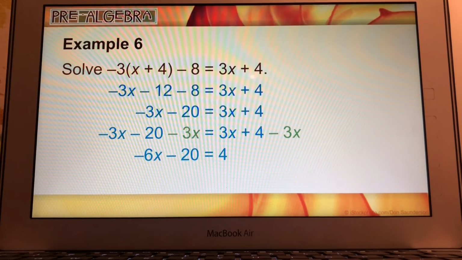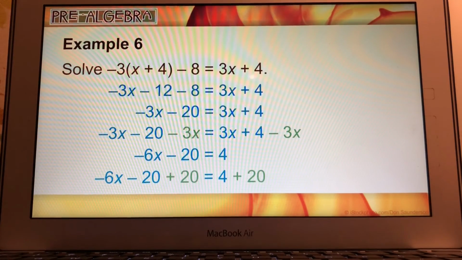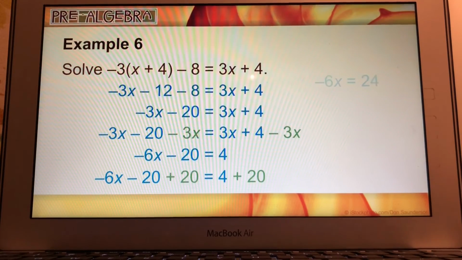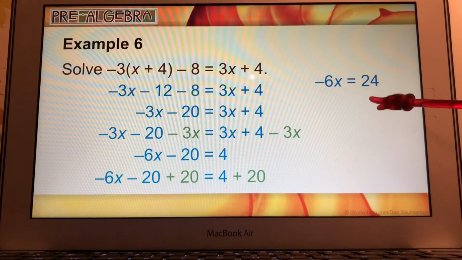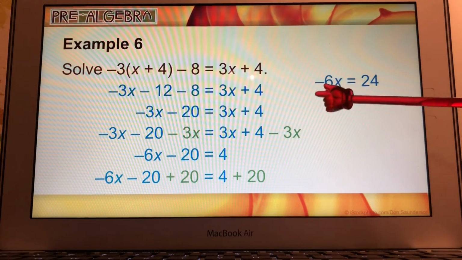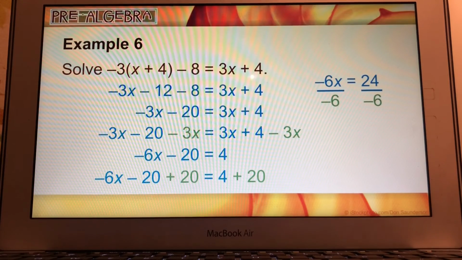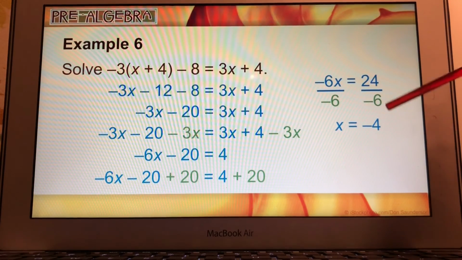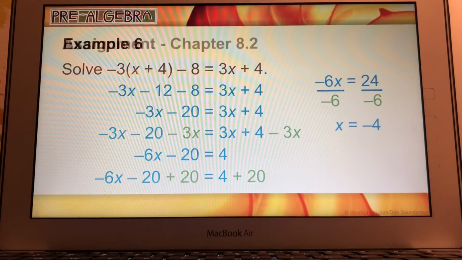So remember the inverse operation of -20 is +20. So this becomes 0, and then 4 plus 20, I get -6x equals 24. And then I'm going to divide by -6. And then x is equal to 24 divided by -6, which gives me -4. And there you have it.